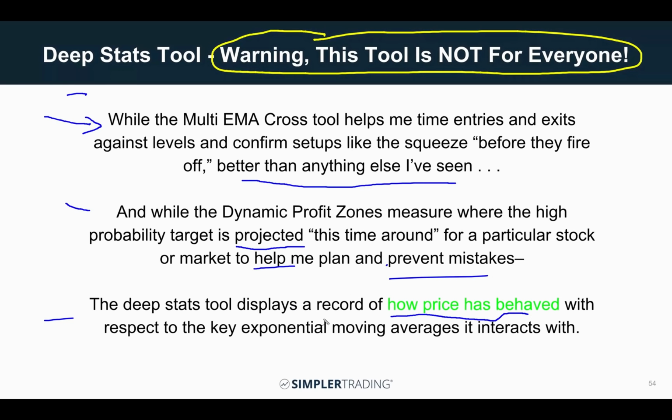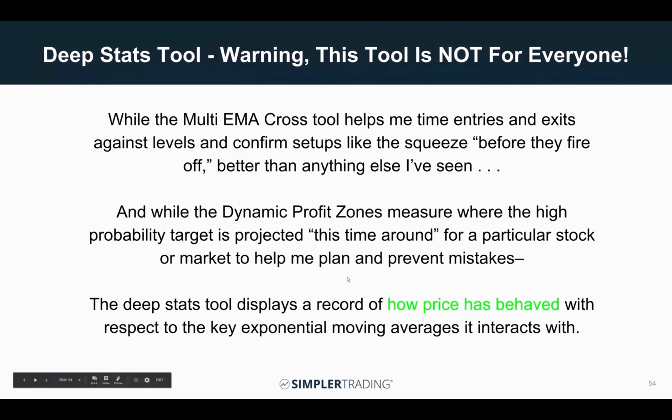When he first told me that, I'm like, who cares? If it goes below the 21, I'm stopped out, so it doesn't matter. And he's like, John, be patient and let me show you this. I'm like, all right.